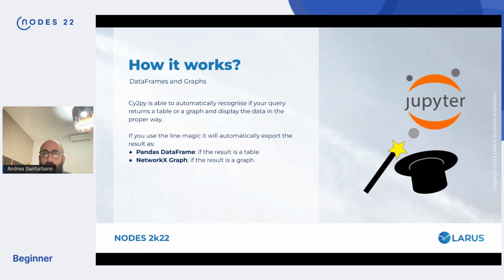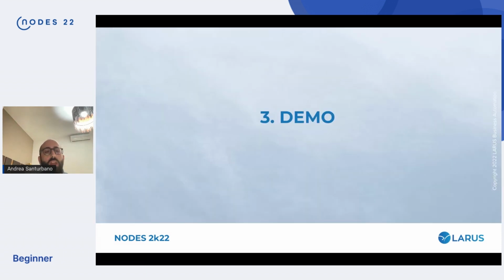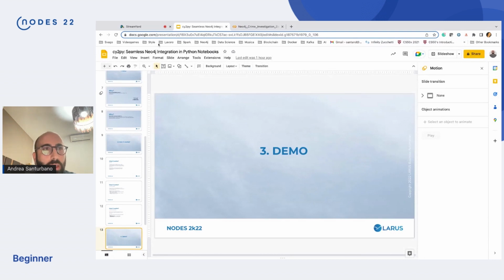If you use it as a line magic, it will export the data as a pandas data frame if the query returns a result as a table, and as a NetworkX graph if the result is a graph. So let's do a quick demo.